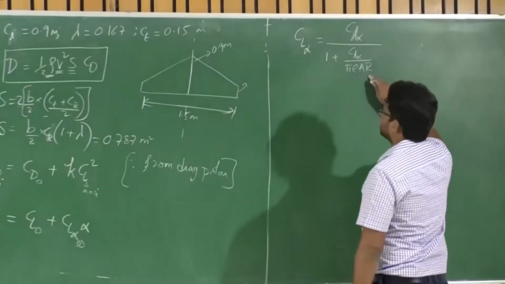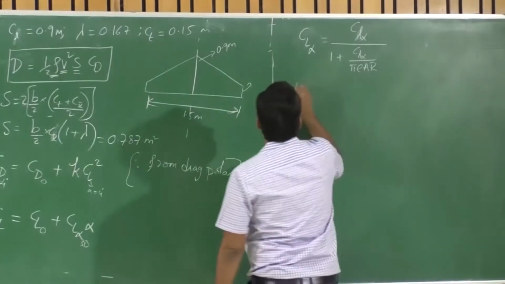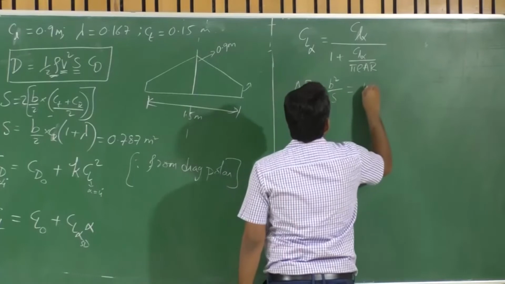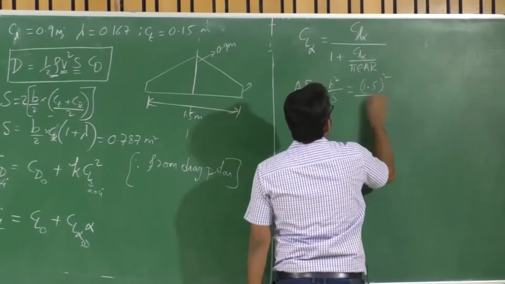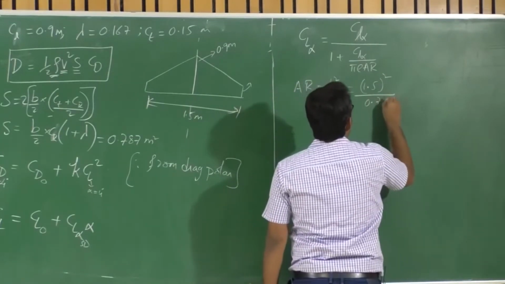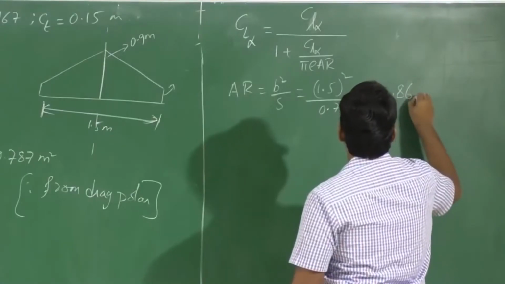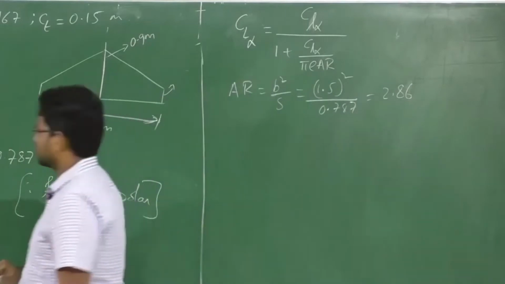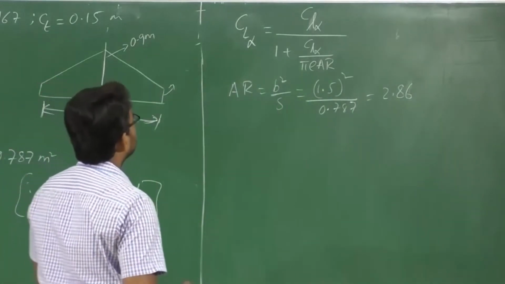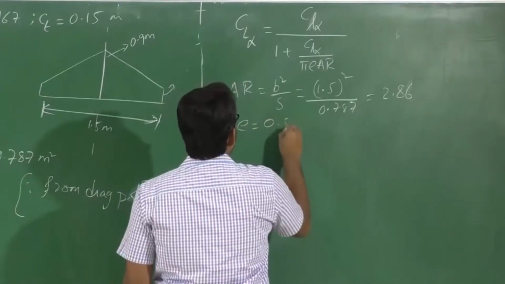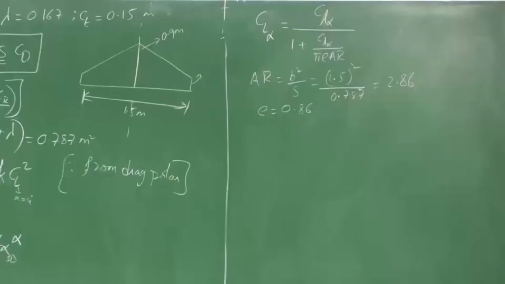Now we need to find out what is AR here, right? So the aspect ratio of this wing is B square upon S, which is 1.5 square over 0.787. So if you find it, it is 2.86. Right. So 2.86 is the aspect ratio for this configuration, and we have E as 0.86.